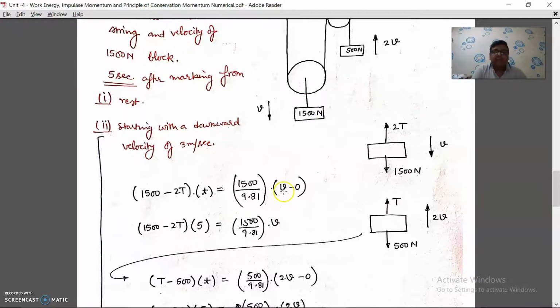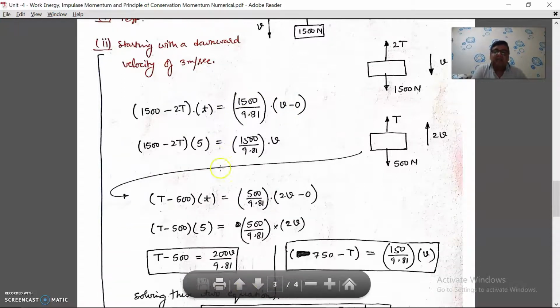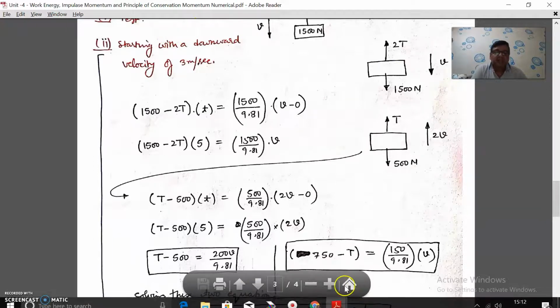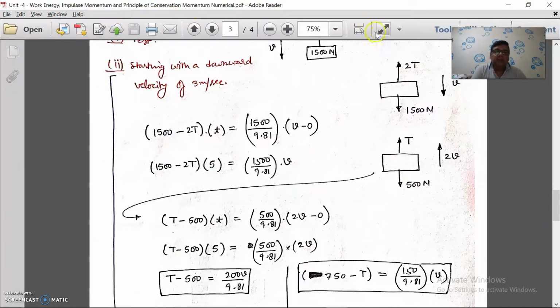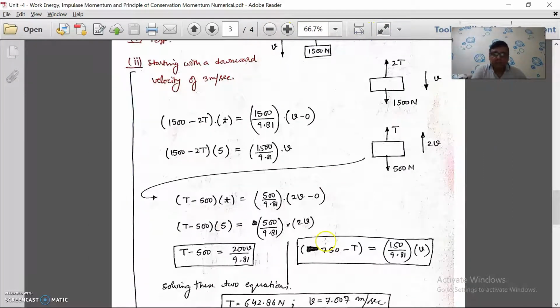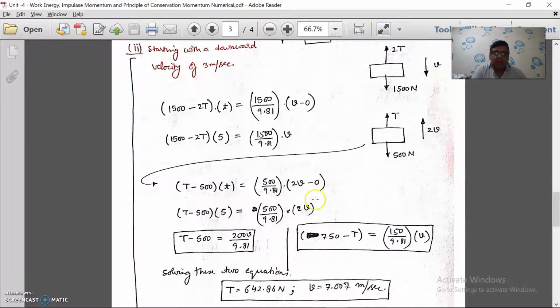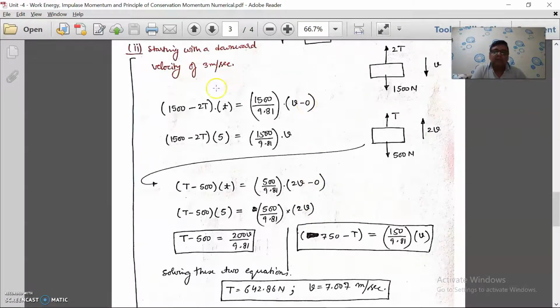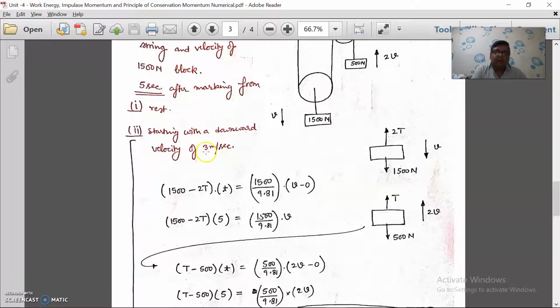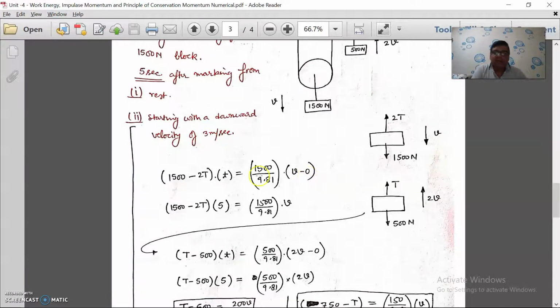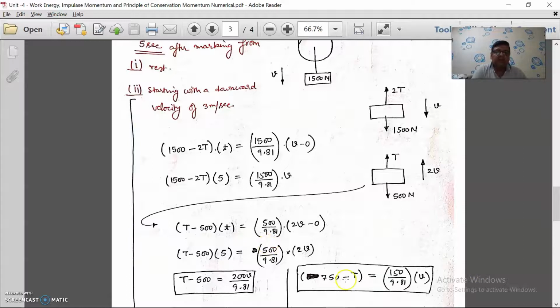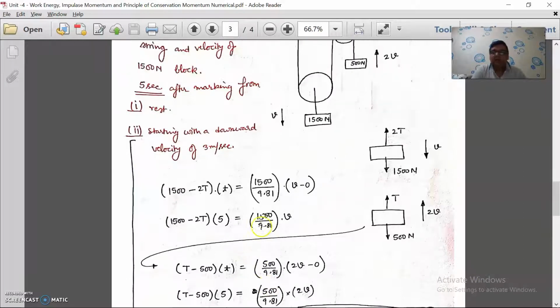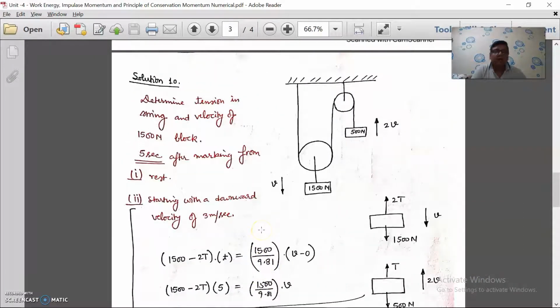So whatever we did in this exercise, in the same exercise we'll just put 3 in place of 0, and then we can solve it and we'll get the values of T and v, right? So that's how we can solve this question.